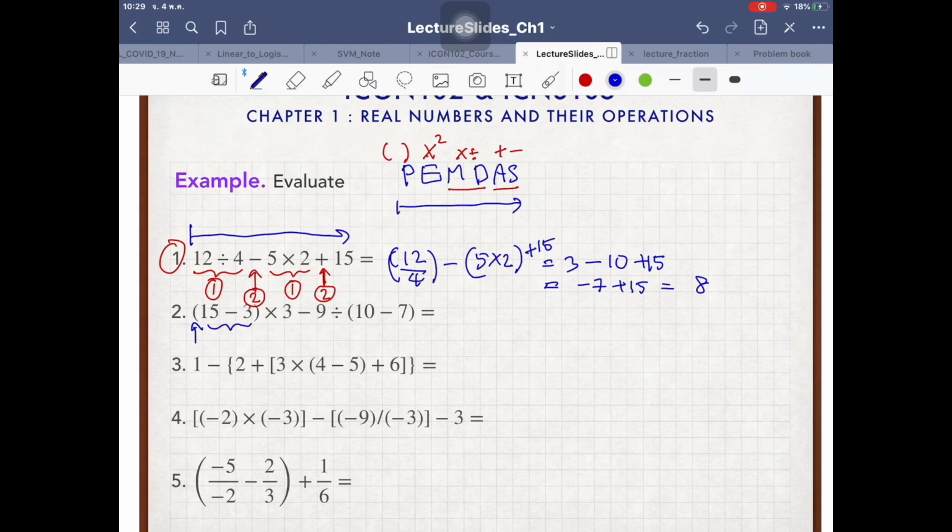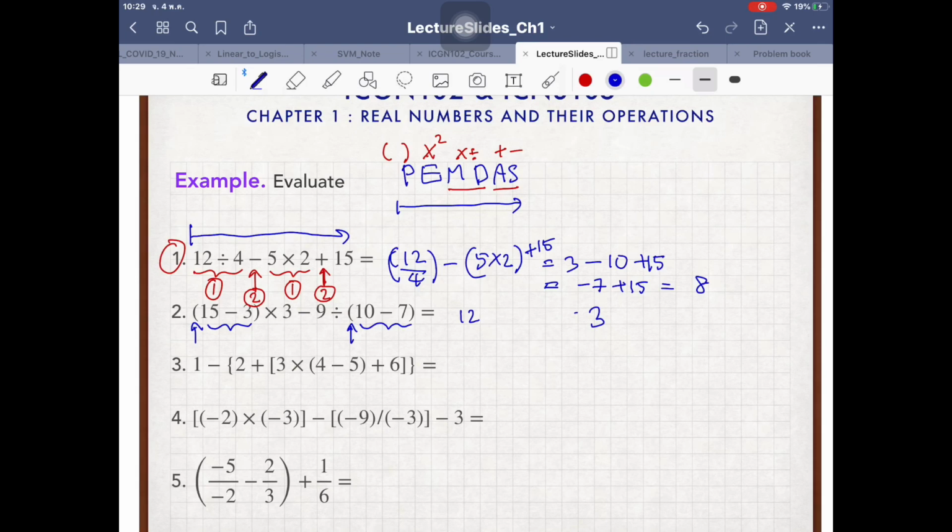So this will be the term of 15 minus 3. So that will give you 12. And here again, we see another term of brackets. It is the term of 10 minus 7. So here you need to take 10 minus 7, you get 3.